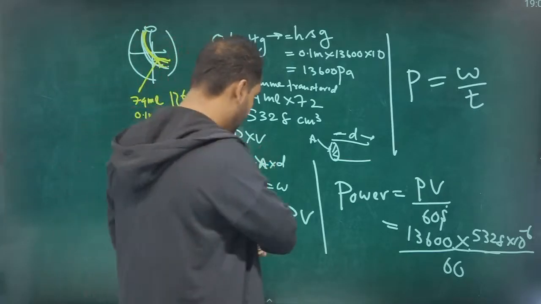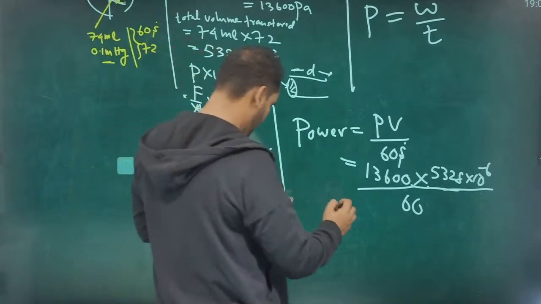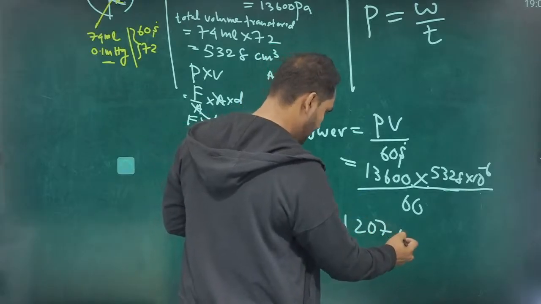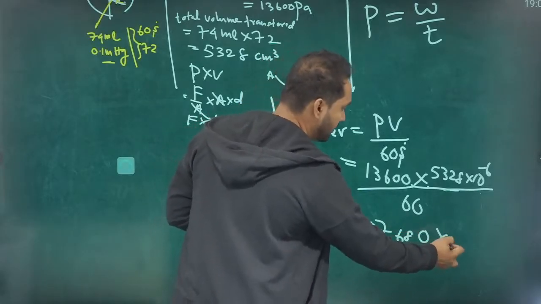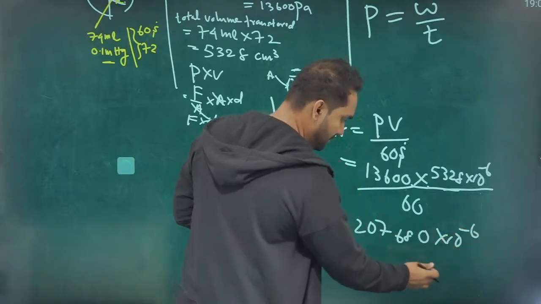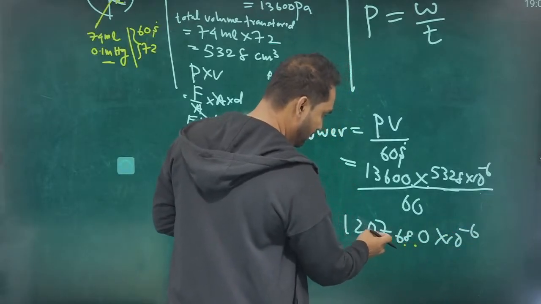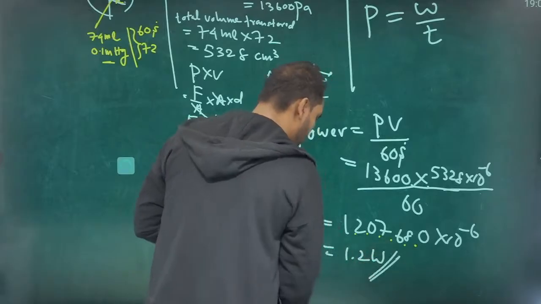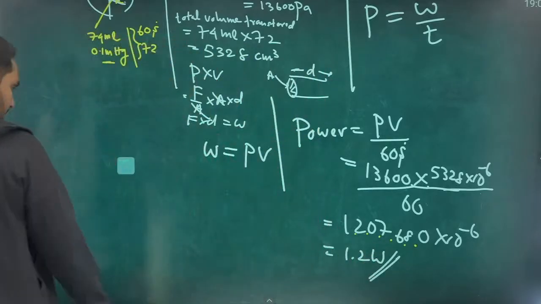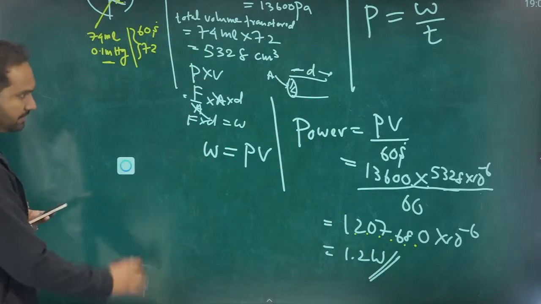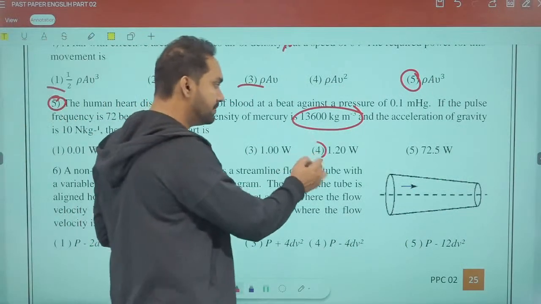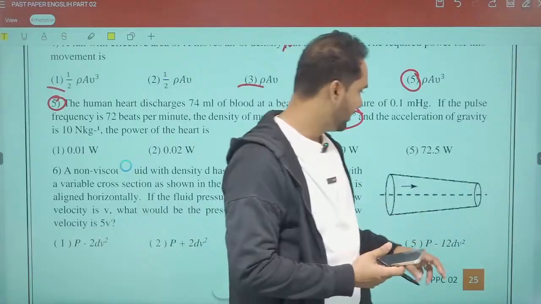That is this much. 1,207,680 into 10 to the power minus 6 is 1, 2, 3, 4, 5, 6. So it's basically 1.2 watts sort of a power. Is there any answer like that? Luckily, yes. Can you check on that?